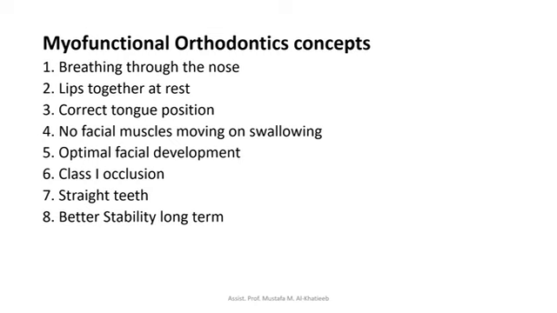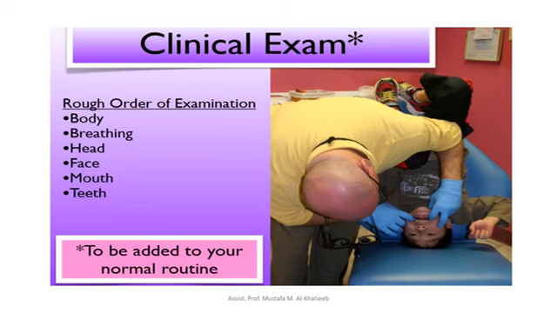So we do a short review on myofunctional appliances orthodontic concepts. First, we should focus on breathing through the nose and lips together at rest, correct tongue position, no facial muscles moving on swallowing, and optimal facial development, class 1 occlusion, straight teeth, and better stability for a long time.